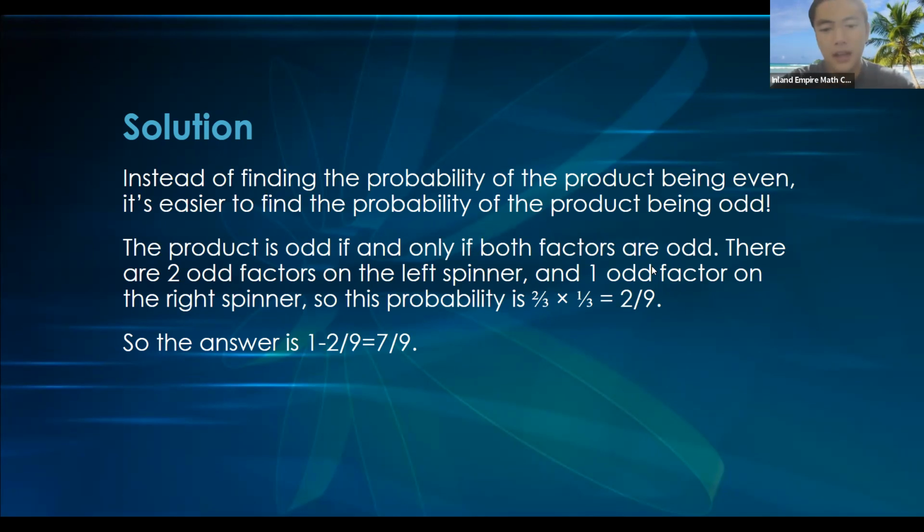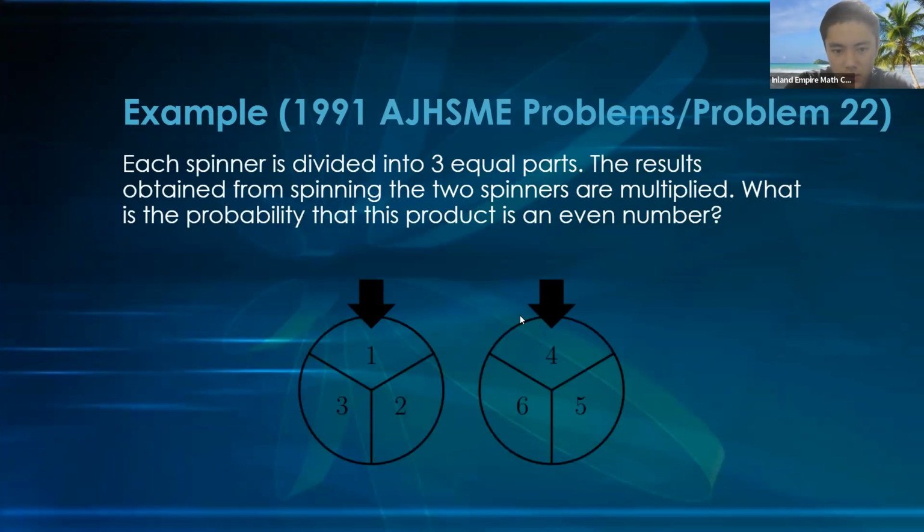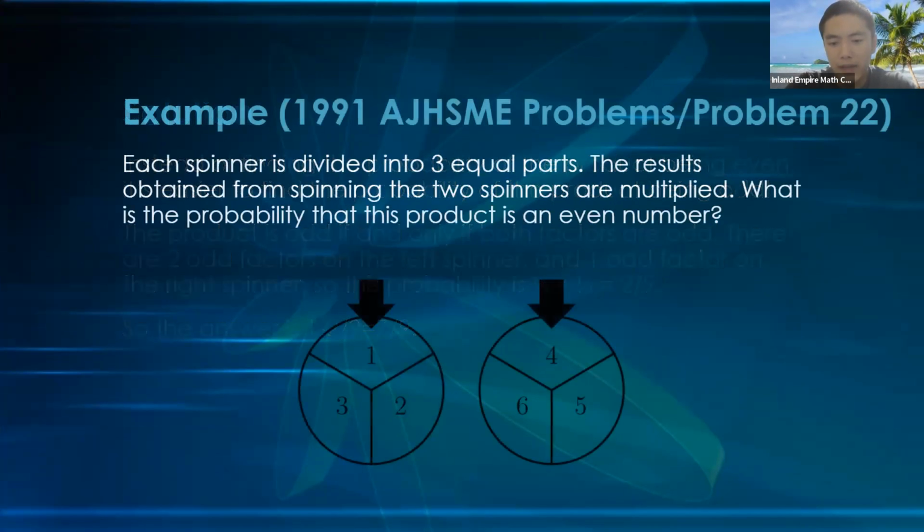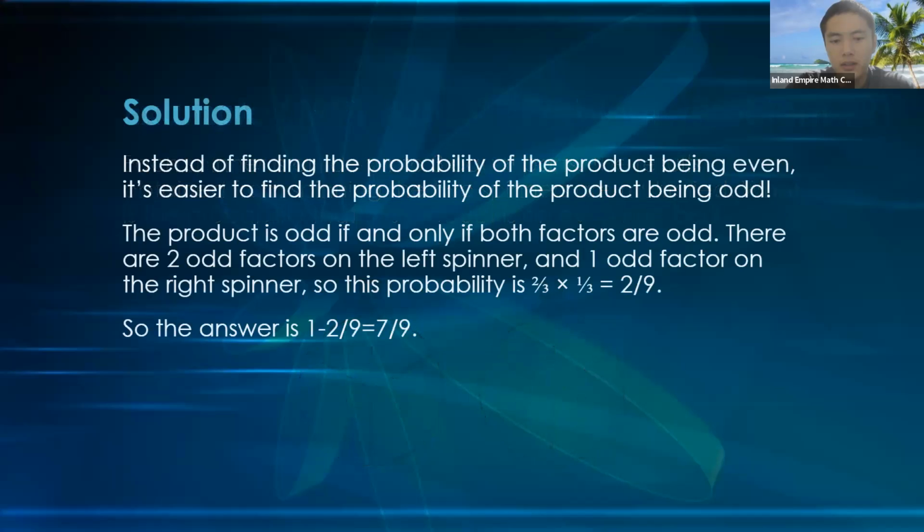Back to probabilities. There are two factors on the left spinner that are odd, right? It's just 1 and 3. Pretty intuitive. And then on the right spinner, there's only one odd factor, 5. So that means it's simply 2/3 times 1/3 equals 2/9, right?